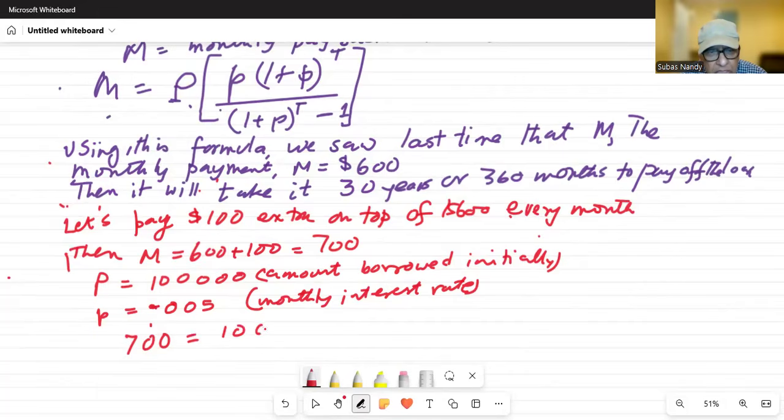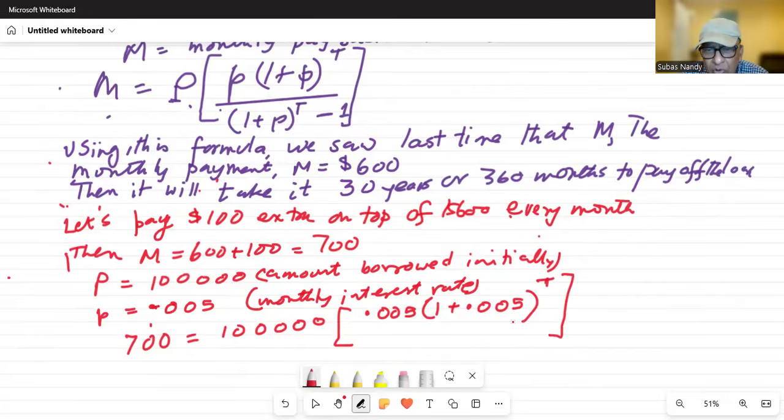The amount I borrowed initially is 100,000 times small p, which is 0.005 as we discussed, and 1 plus p is 1 plus 0.005, and we don't know how long it will take to pay this loan off, so it is exponentiated to the unknown t. The whole thing is divided by 1 plus 0.005 to the power of t minus 1.